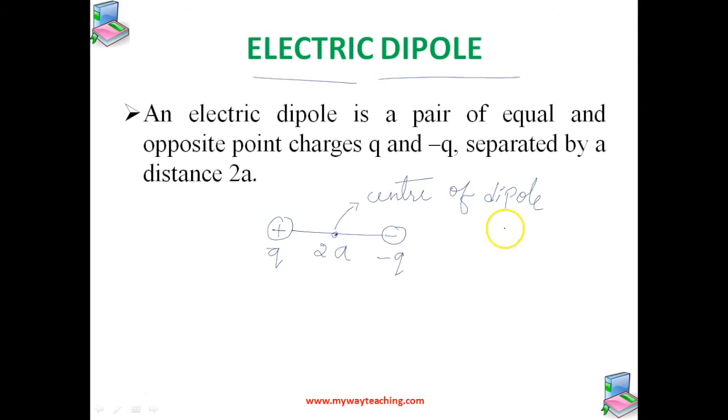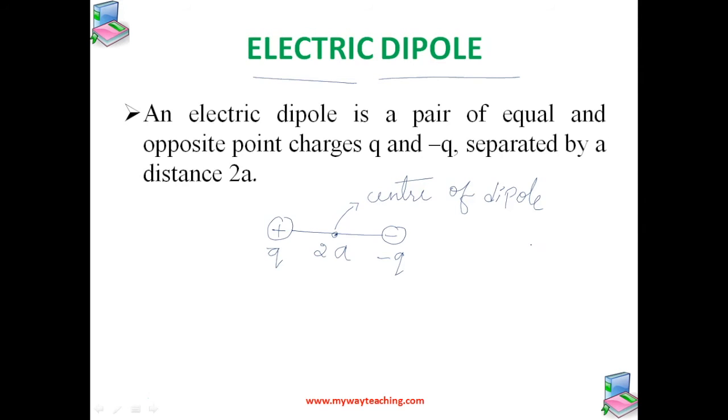And the total charge of the electric dipole is obviously 0, plus q minus q leads to 0. But this does not mean that the field of the electric dipole is 0. Since the charges plus q and minus q are separated by some distance, the electric fields due to them when added do not exactly cancel out.